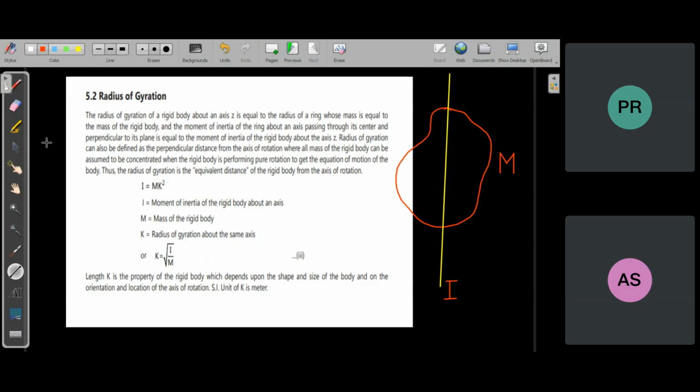Now, what is radius of gyration? Radius of gyration says that in place of this whole body, can we replace it with a point mass where the whole mass of the body is concentrated, so that the moment of inertia of that point mass comes exactly the same as the moment of inertia of this body?